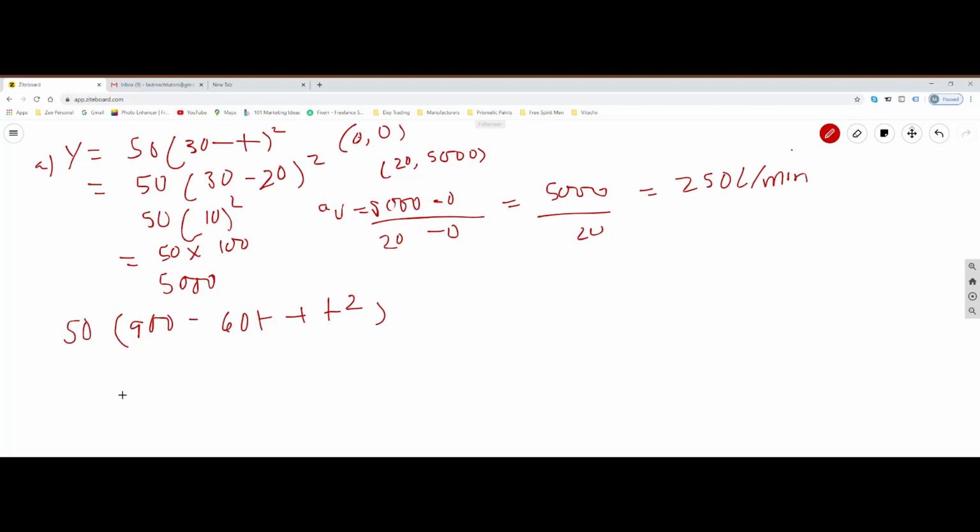So if you do that, you have 45,000 minus 3,000t plus 50t squared. Oh yeah, you have to subtract 5,000 at the end, just the y point.